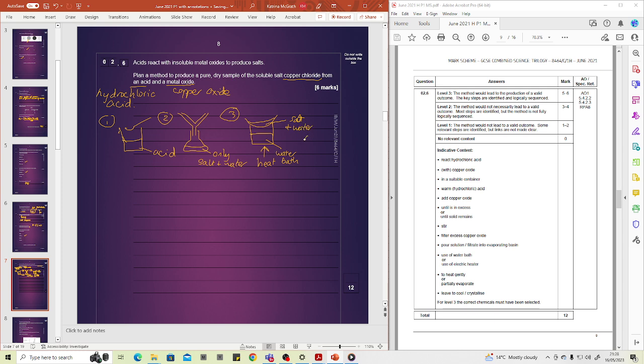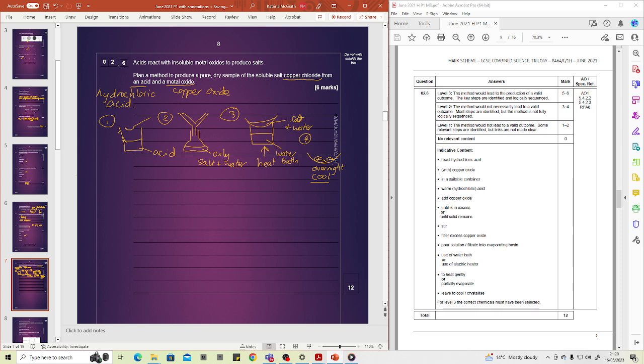And the 4th stage is to leave your saturated solution to cool down so that crystals can form from your saturated solution. Okay, so that's overnight. And it's got to be cooled.